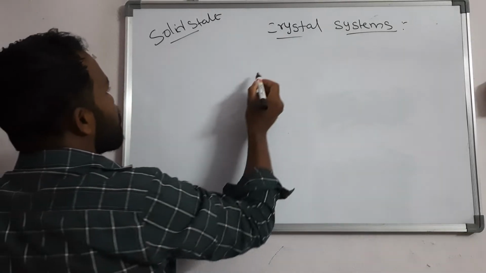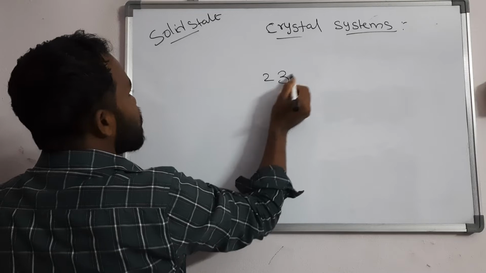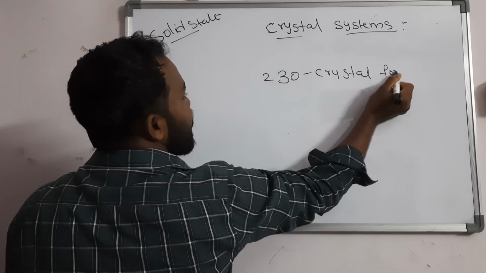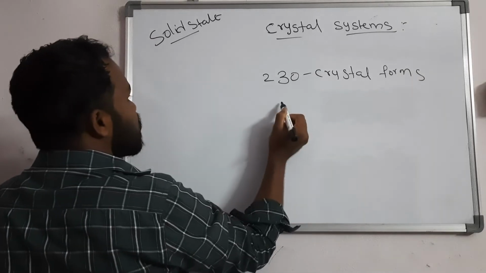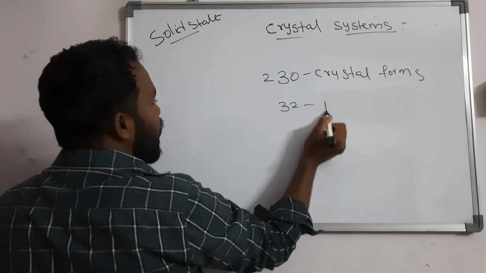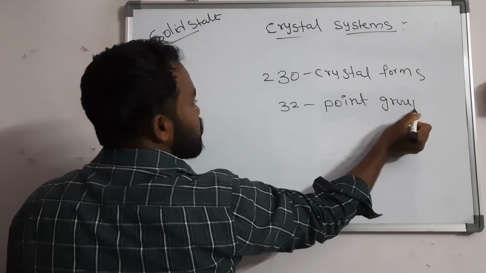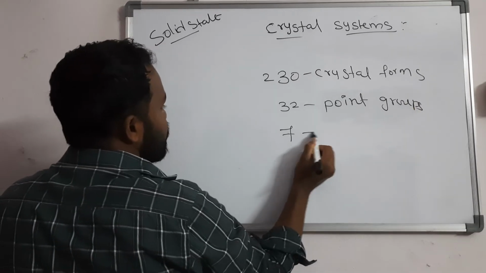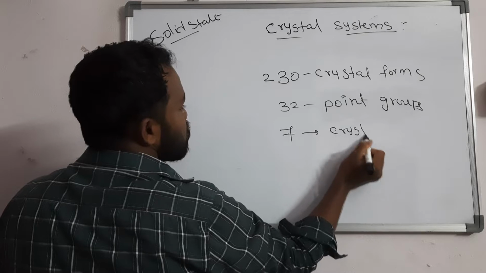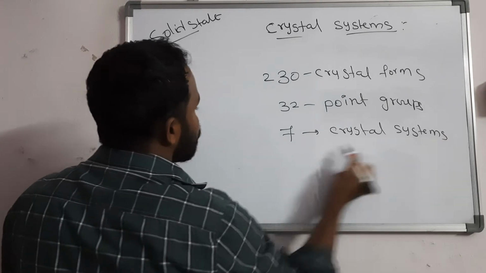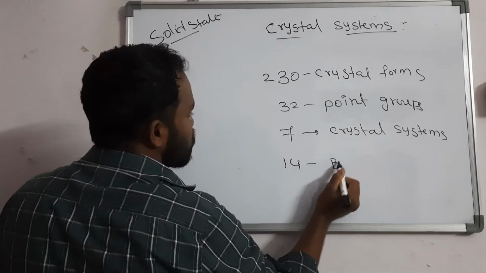Generally we have 230 space groups. This is a basic idea I am going to give: 230 crystal forms and 32 point groups, then 7 crystal systems and 14 Bravais lattices.